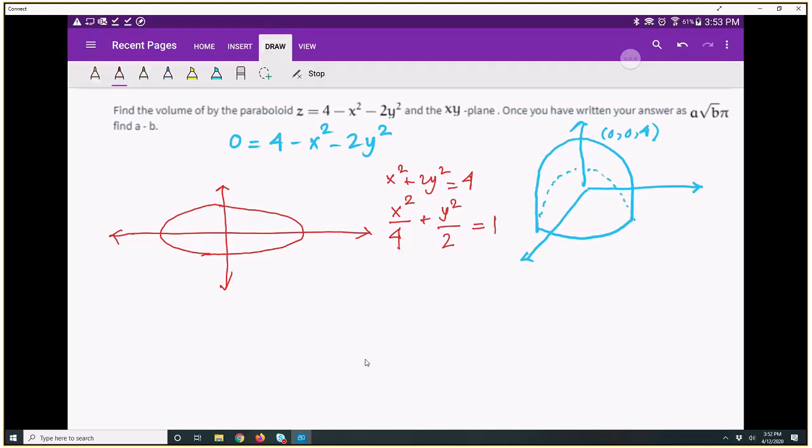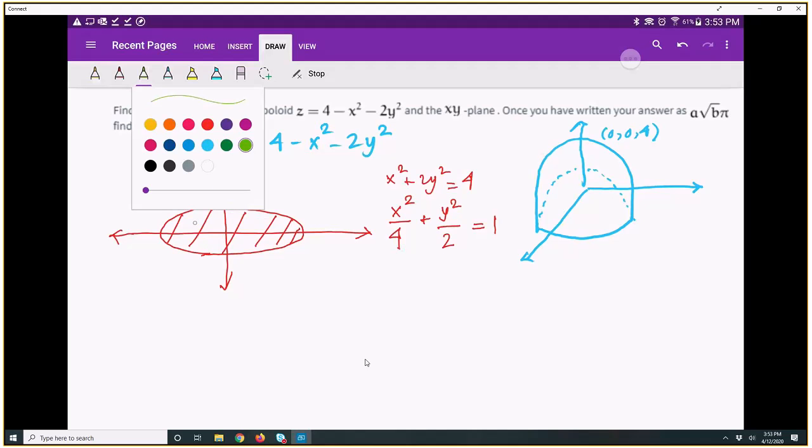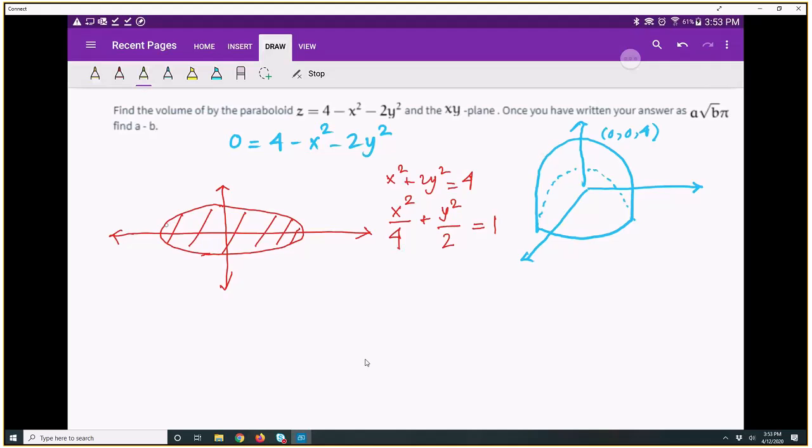So if I want to understand this surface of integration in terms of the limits of x and y, and I try to first find the limit of x, then I would know that my x's vary from the left point on the boundary of the ellipse to the right point on the boundary of the ellipse.